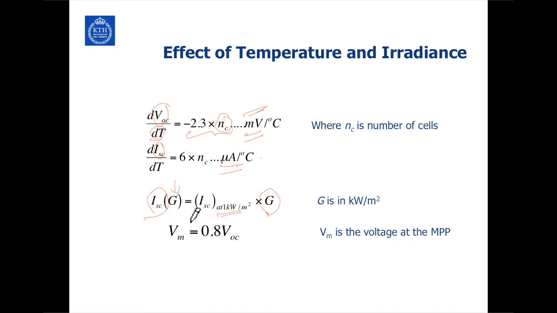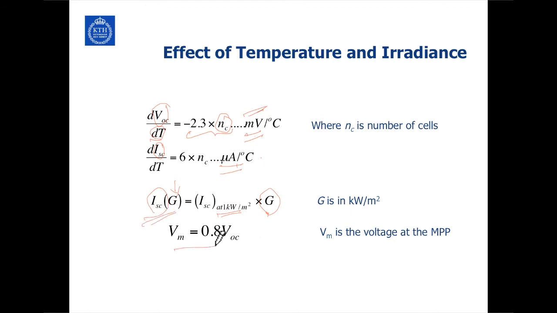So if you want to find out, for example, at 300 watts per meter square, what should be the current, typically you take the value given in the standard conditions, which is given in the spec sheet, and multiply by that value G, and then that is what you get for the current.